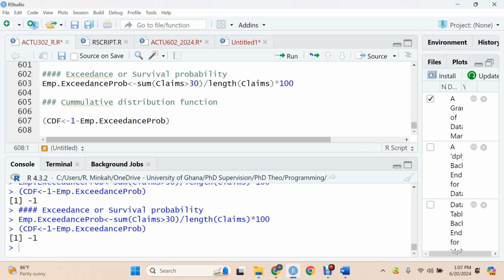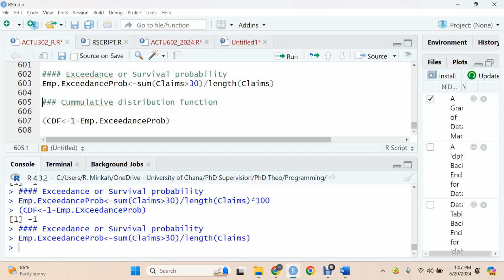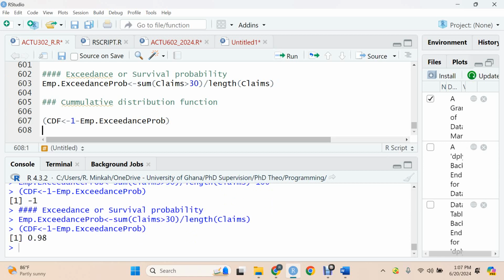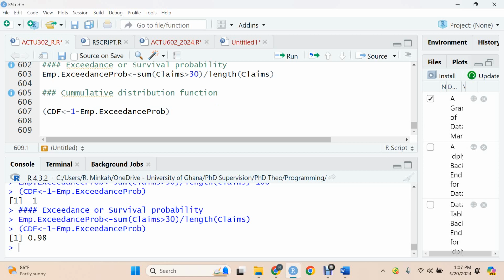So actually, if we want to do it, this should be 100, right? Is that okay? Yeah, okay. So we may want to go back and take this out. Then if we rerun it, we will get 0.98 like that. So please, you have to be very attentive to programming. Other than that, you mess up.